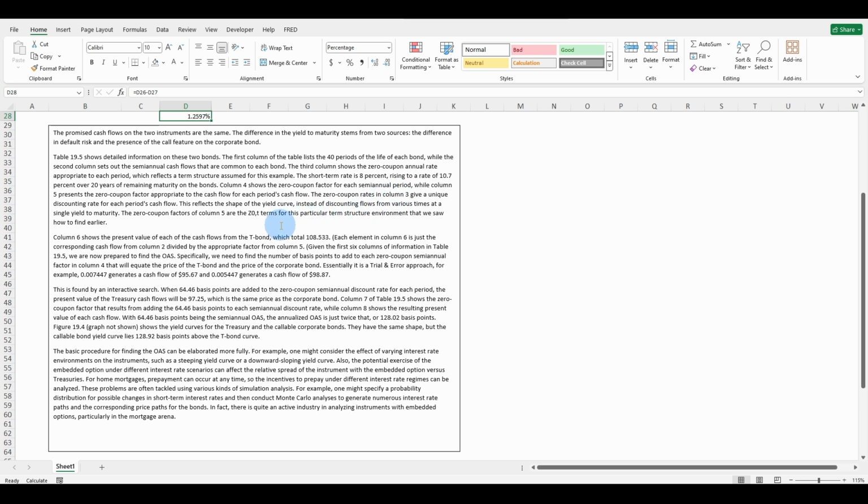Column 4 shows the zero coupon factor for each semi-annual period, while column 5 presents the zero coupon factor appropriate to the cash flows for each period's cash flow. The zero coupon rate in column 3 gives a unique discounting rate for each period's cash flow. This reflects the shape of the yield curve instead of discounting flows from various times at a single yield to maturity.